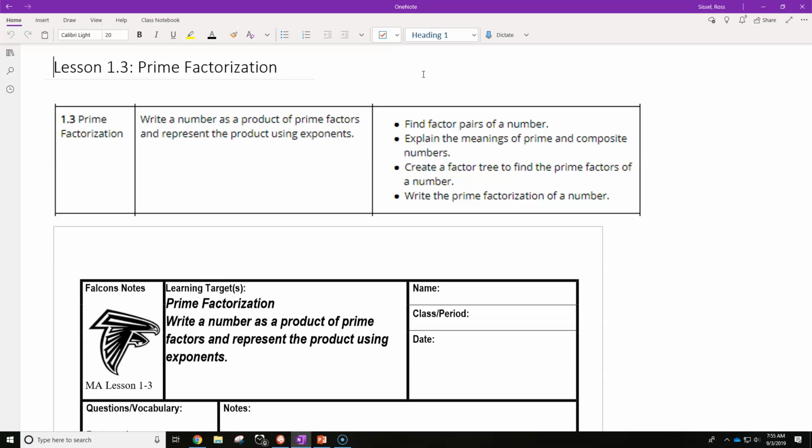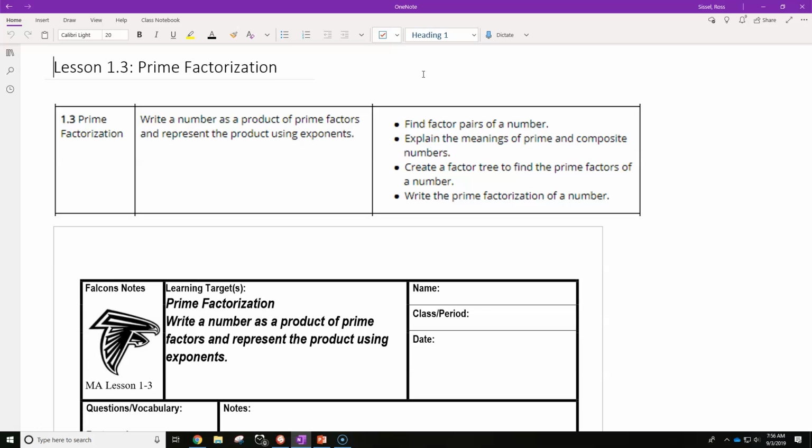A number you can divide by multiple numbers, more than 1 and itself. 6, for example, is a composite number because I can do 1 times 6 or 2 times 3. So it has more than 2 factors. Besides 1 and itself, there's another factor that goes into it.